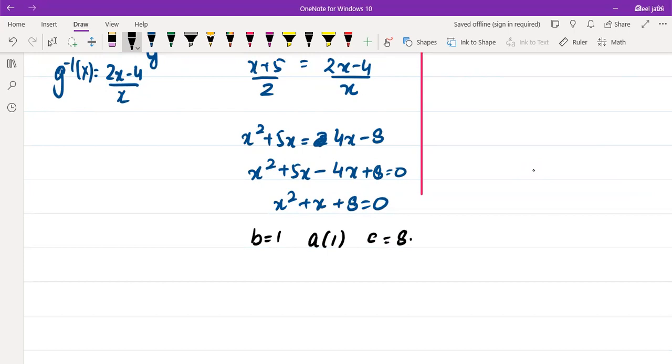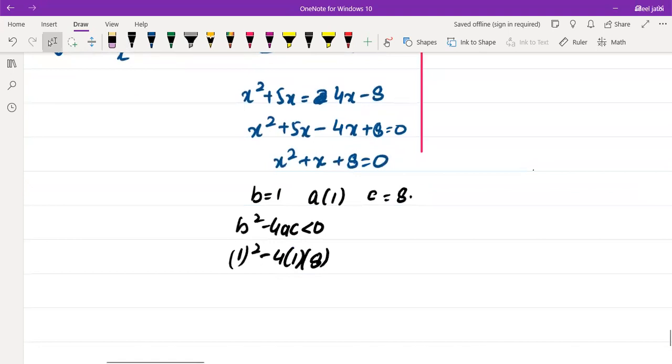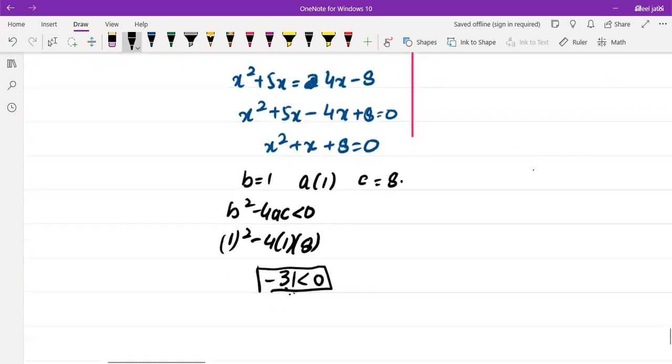So b squared minus 4ac should be less than 0. 1 squared minus 4 times 1 times 8. 4 eights are 32, so 1 minus 32 is minus 31, which is less than 0. So this should be no real roots.